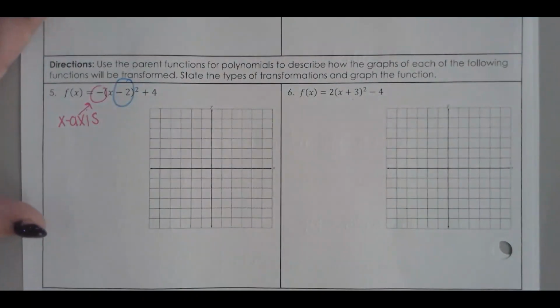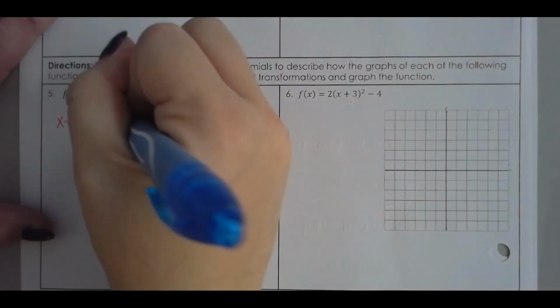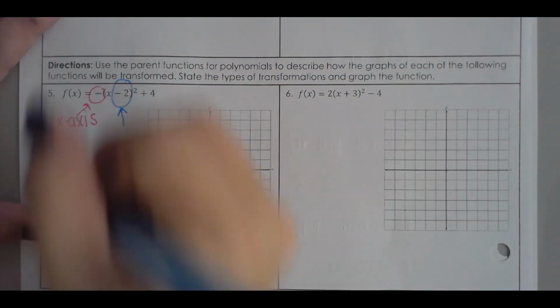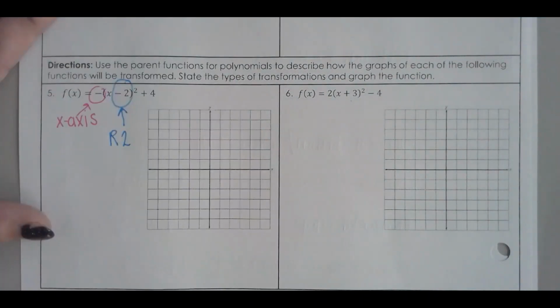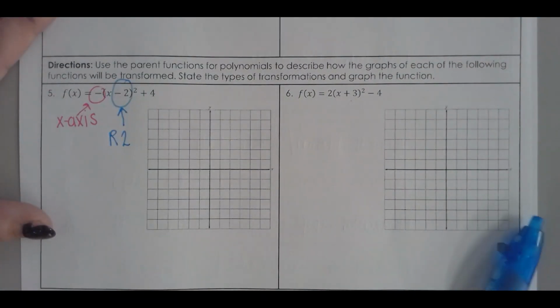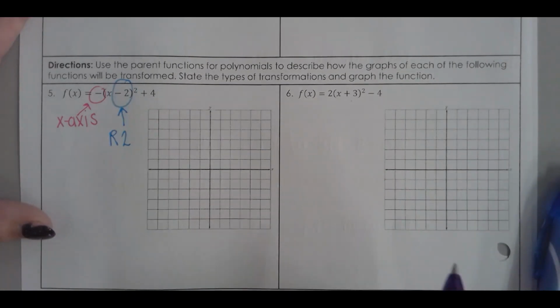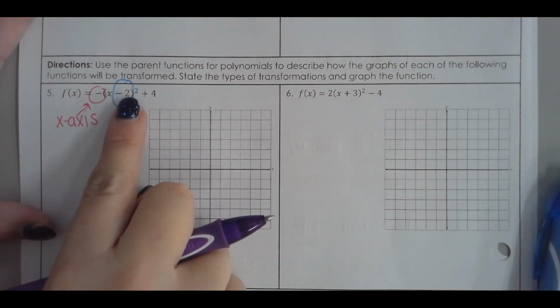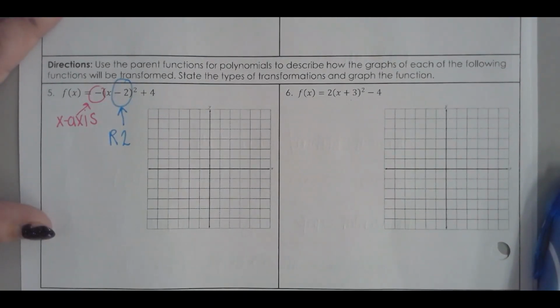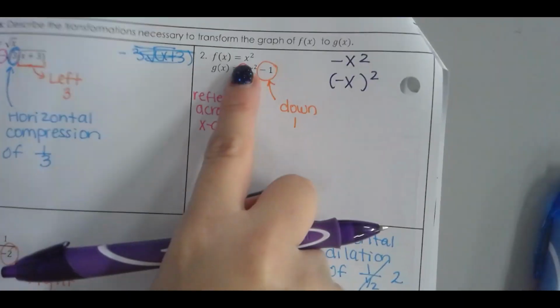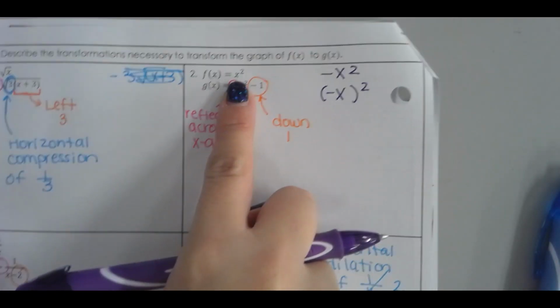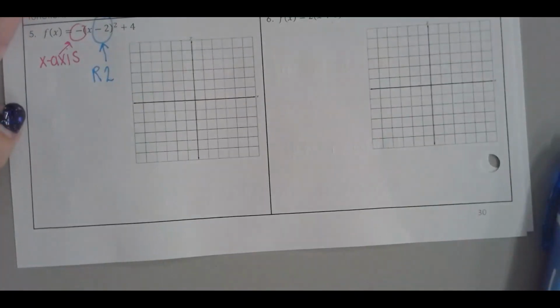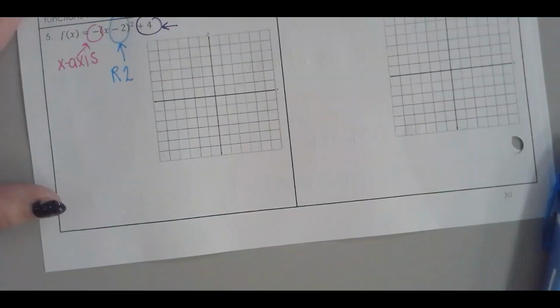Minus 2 is inside, it's right with the x, so that's going to go right 2, and I'm just going to put R2. And then what? The squared is actually part of the original function, kind of like this one. That's not going to be a transformation. That's kind of telling us it's a parabola shape. Okay. The plus 4, nope, up 4.